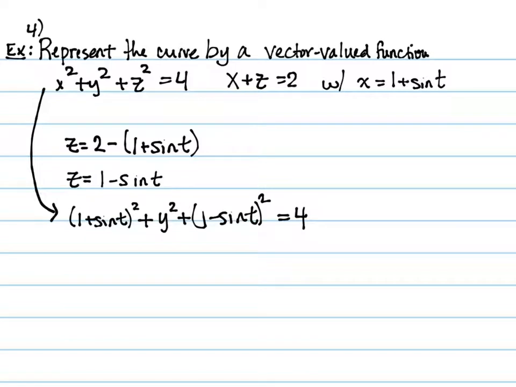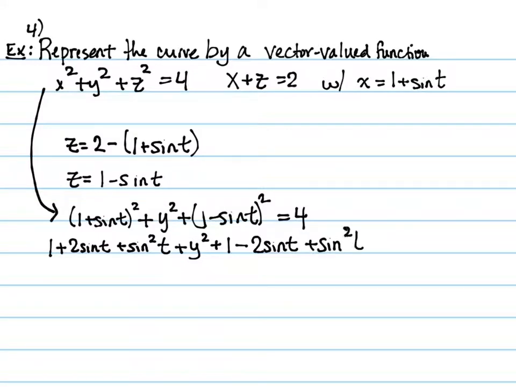So we're going to do some algebra. We're going to square some things out and see what we can combine. I have 1 plus 2 sine t plus the sine squared of t, and I have my y squared. And then I have another 1, and I have minus 2 sine of t plus the sine squared of t, equals 4.